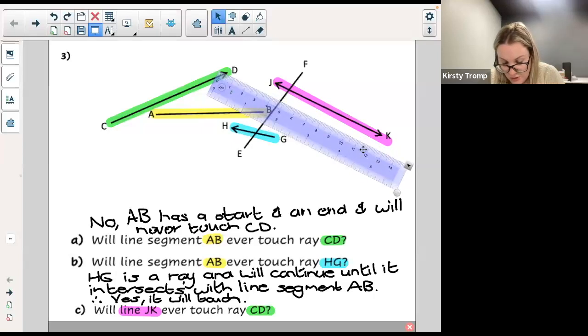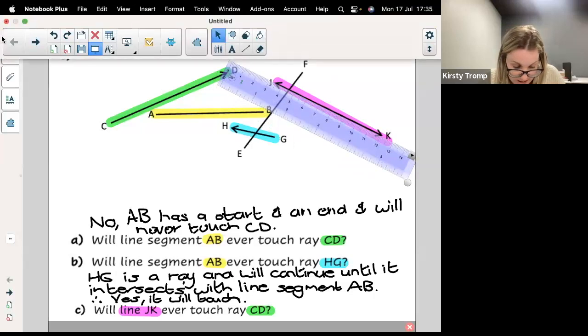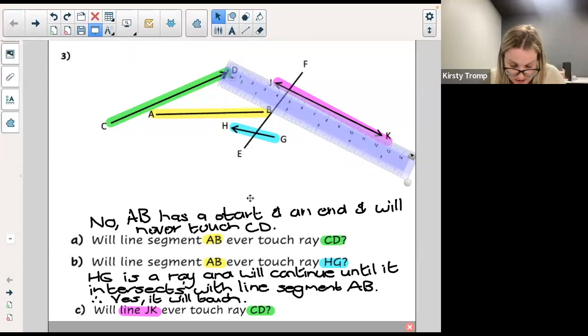So there is our line. And there is CD on the side there, everybody. So will line JK, which has 2 arrows, ever touch ray CD?